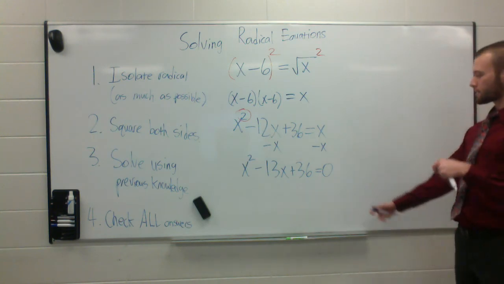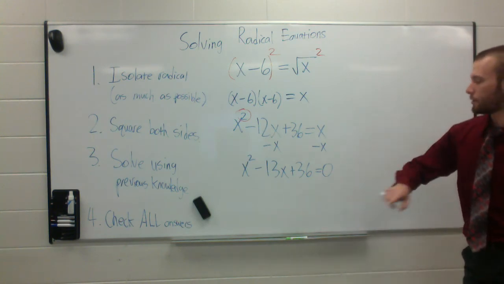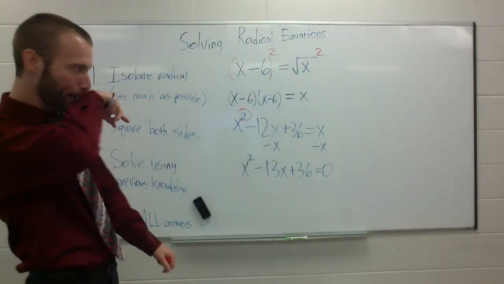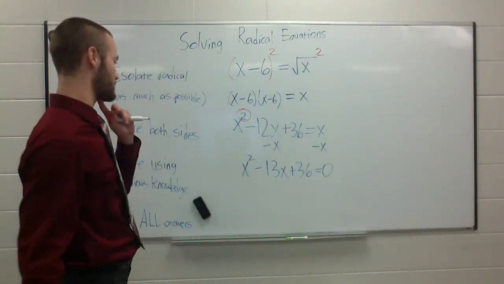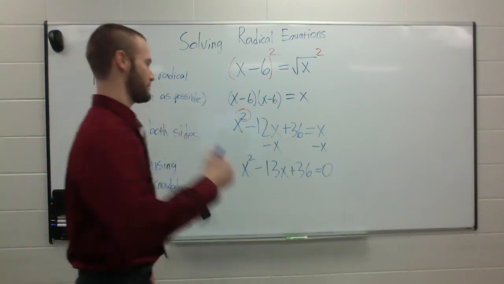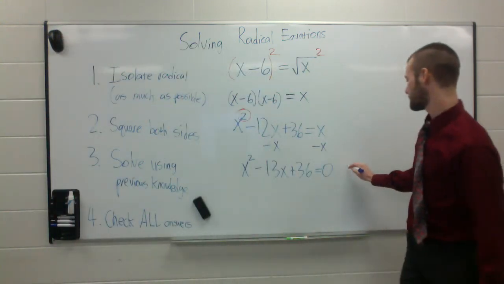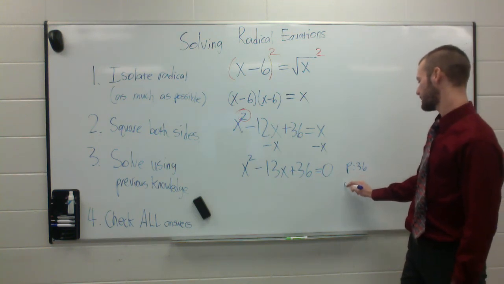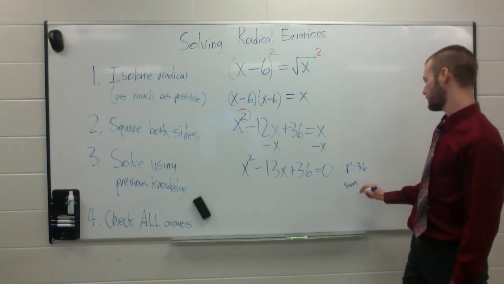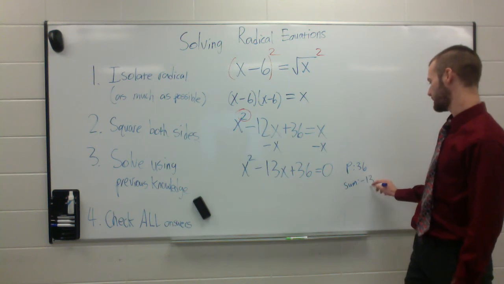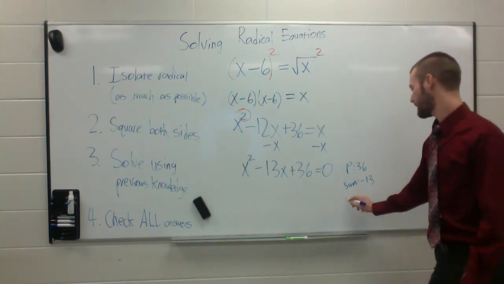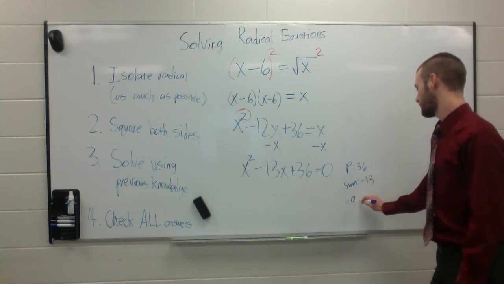At this point, I could solve using the quadratic formula or factoring. I do believe this equation is factorable. Can I find two numbers that multiply to have a product of 36 and a sum of negative 13? And negative 9 and negative 4 are going to work.